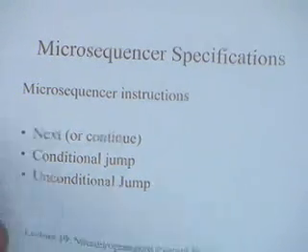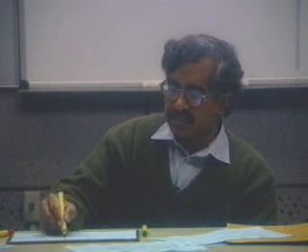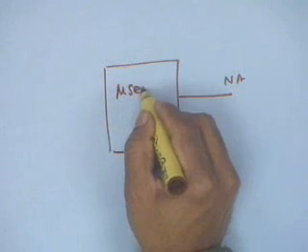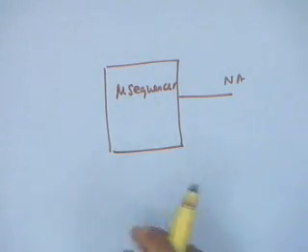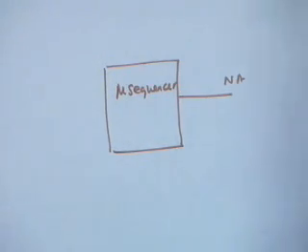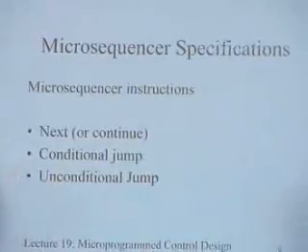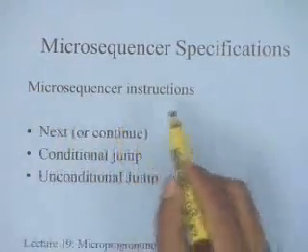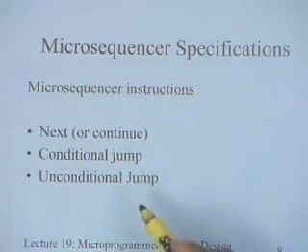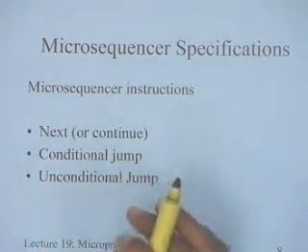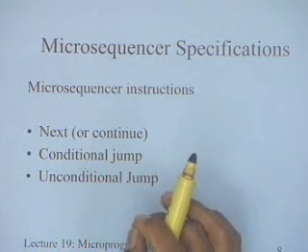If you consider the sequencer itself, as I said before, the role of the sequencer is to generate the next address. This is your microsequencer. Here I have identified these three microsequencer instructions, and they directly follow the requirements of my control flow.